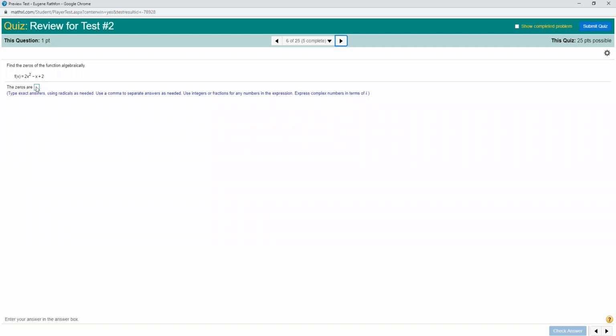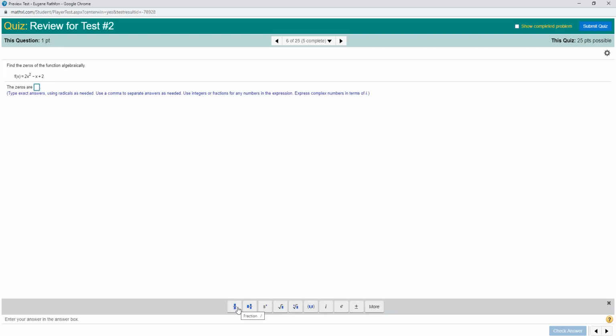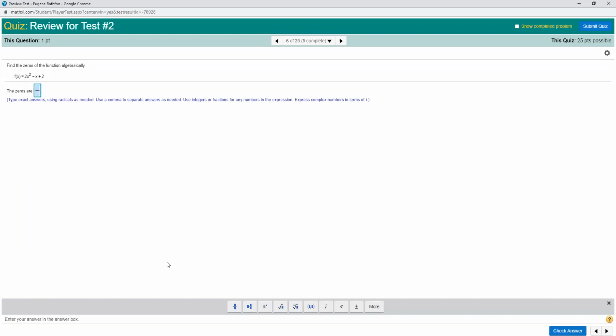On this one, I would first start out getting the fraction. Now on top of my fraction, I got 1. I'm going to use this plus or minus down here. And then I have an i, which is right next to it almost. And then the square root.